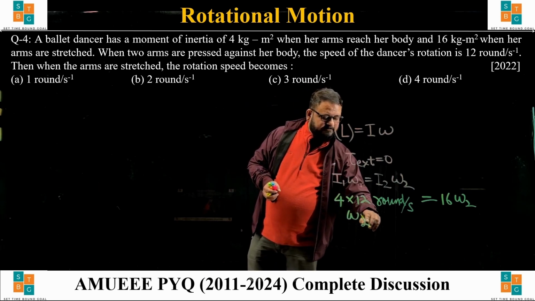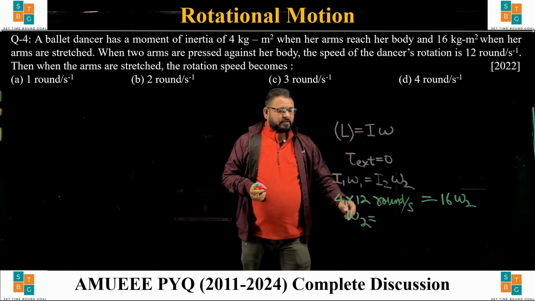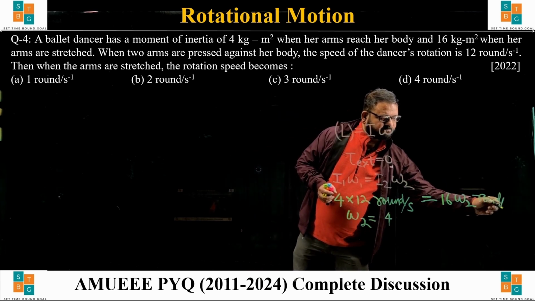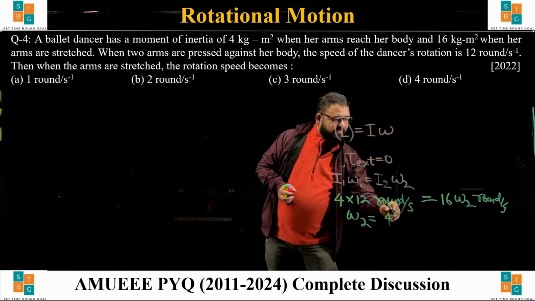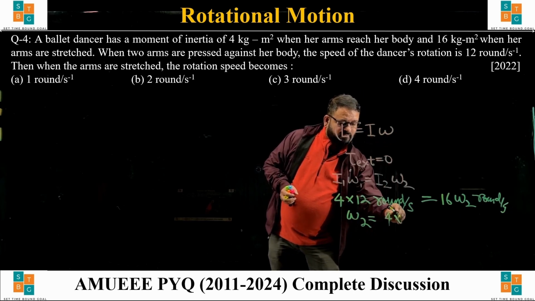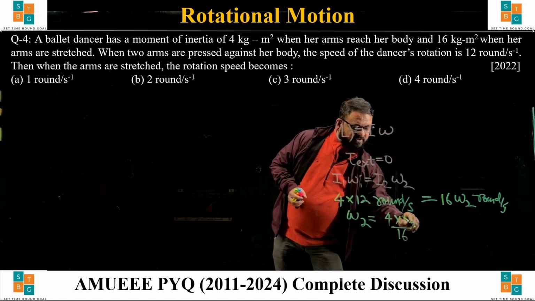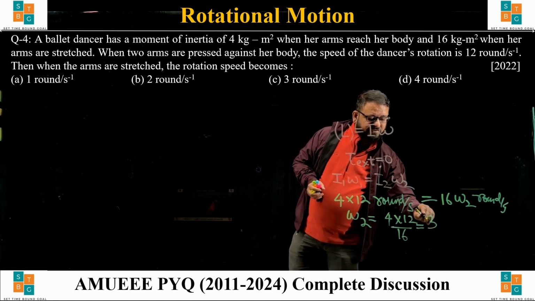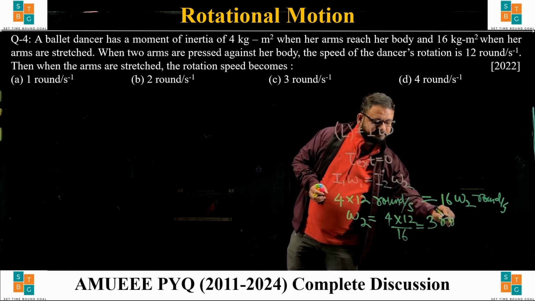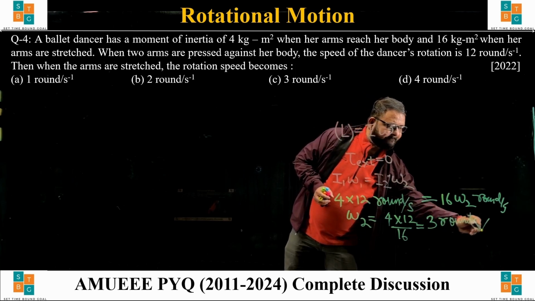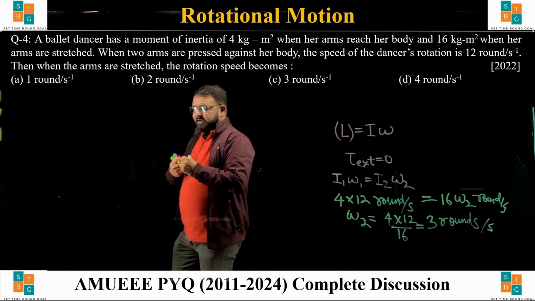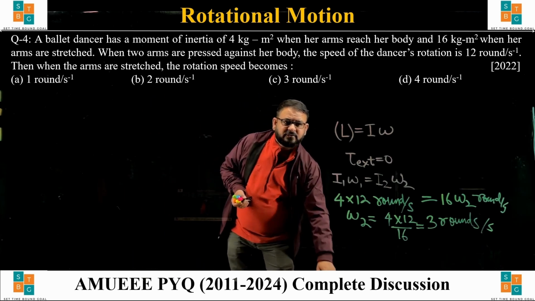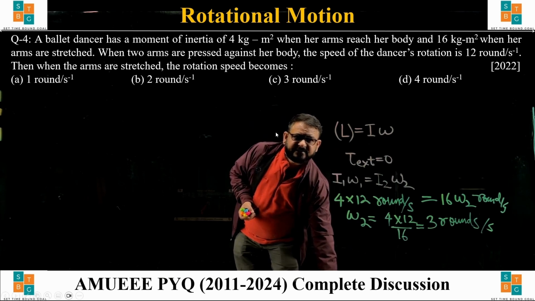Omega 2 will be 4 into 12 by 16. You can see 4 fours are 16, so 3 rounds per second. All right. So the important concept is angular momentum conservation. So our answer is C.